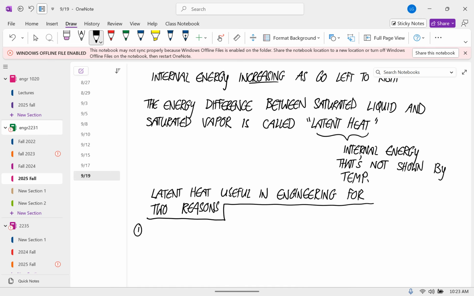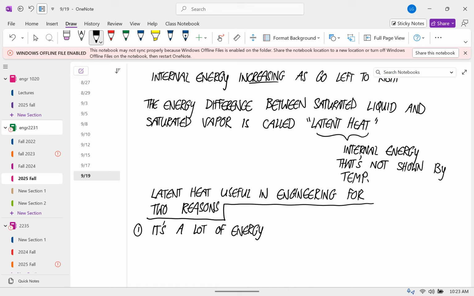The first one is, as we just saw, it's a lot of energy. By the way, we're talking about the phase change from liquid to vapor. There's also a phase change from solid to liquid, but we're not really ever going to discuss that in this class.